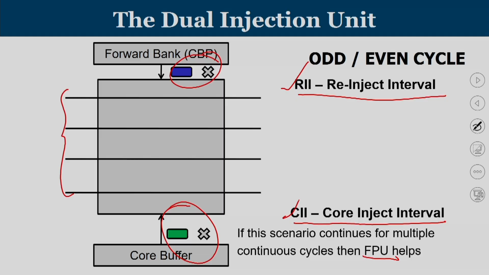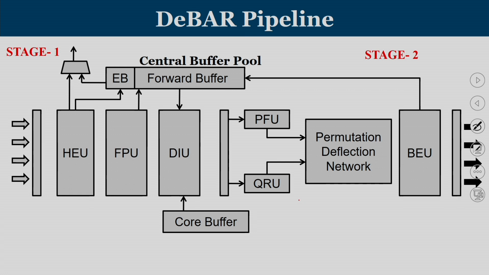Similarly, we have the core inject interval, which is defined as a threshold for how long a flit in the core buffer will wait to enter the router pipeline. That is all about this, and now we will see the flit preemption unit.